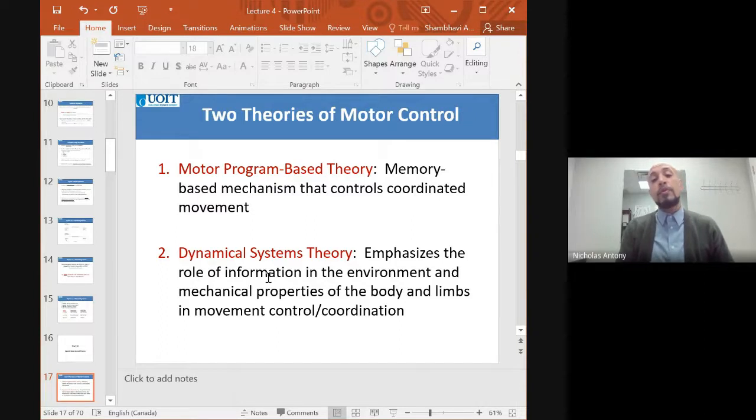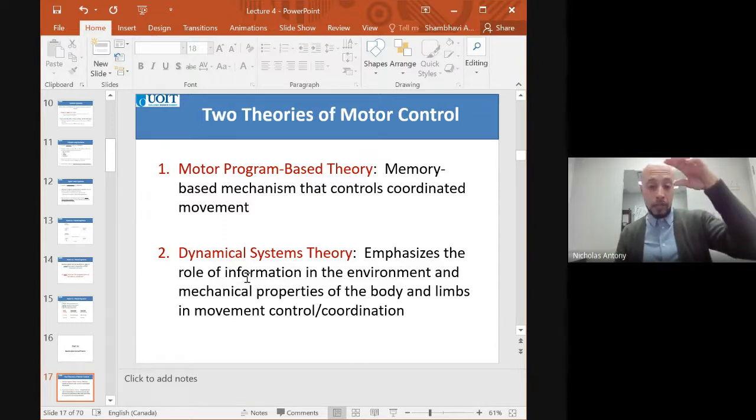But what the dynamical systems theory suggests is that the amount of instructions that our brain has to coordinate or process is less. It just has to get the body moving. And then with feedback and reflexes and all of the control at a lower than brain level, the patterning of the body, the movements and the coordination all sort of come together.